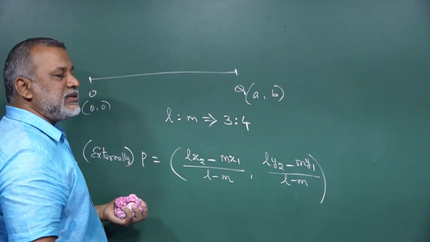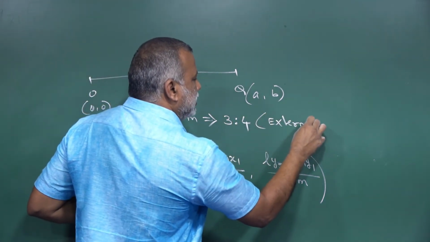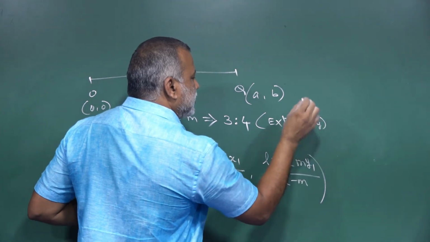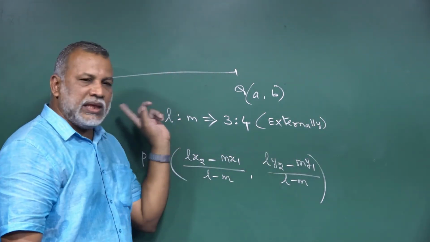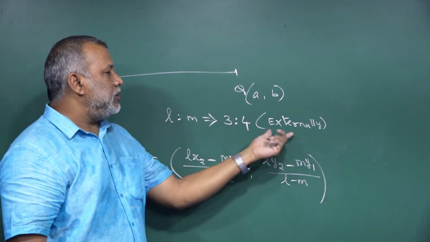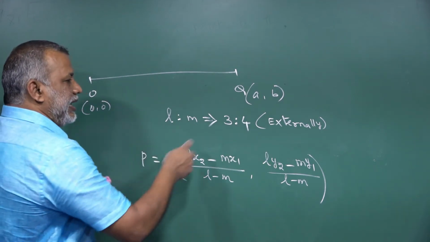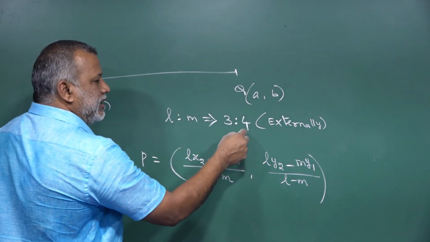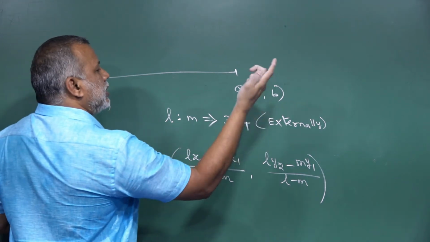Whether internally or externally, they are already giving externally. So take down this concept. Dear students, P divides the line segment OQ externally in the ratio 3:4. So I am going to substitute this data. Here L is 3, M is 4. Then this is x1, y1, this is x2, y2.